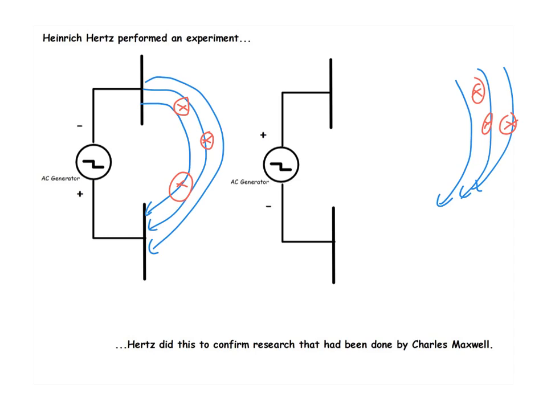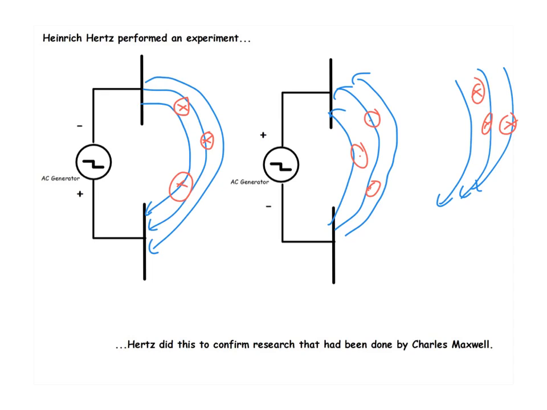And then when it switches direction, now the current's going to be flowing that way, and we're going to have a magnetic field component coming out of the page. And he had an apparatus set up where he could measure this and test it. He did this to confirm research that had been done by Maxwell.